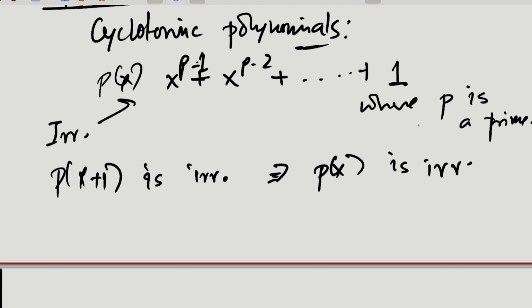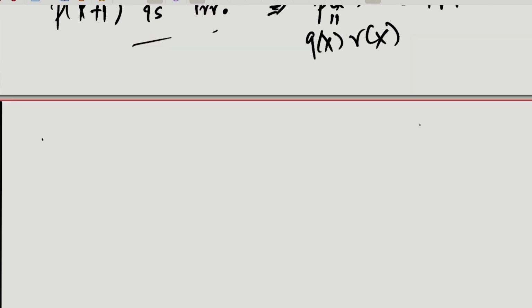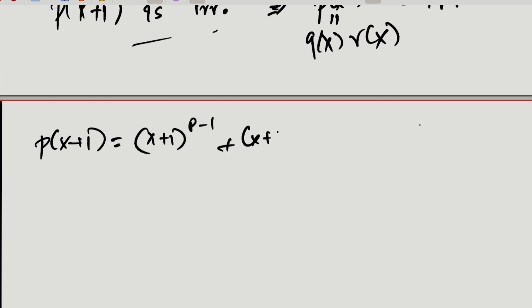Because by contradiction, if p(x) could be written as q(x) times r(x), p(x plus 1) would be q(x plus 1) times r(x plus 1). So if this is irreducible, so must this be. But now we have a much better polynomial. p(x plus 1) is (x plus 1) to the power p minus 1 plus (x plus 1) to the power p minus 2 all the way up to 1.